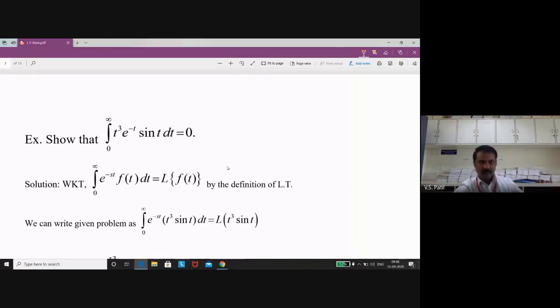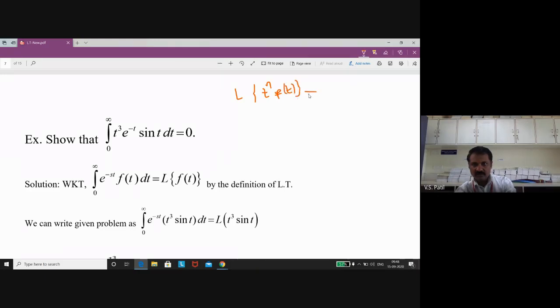This is one of the very important examples. See what they are asking. This is dependent on the property: the Laplace transform of t raised to n into f of t.